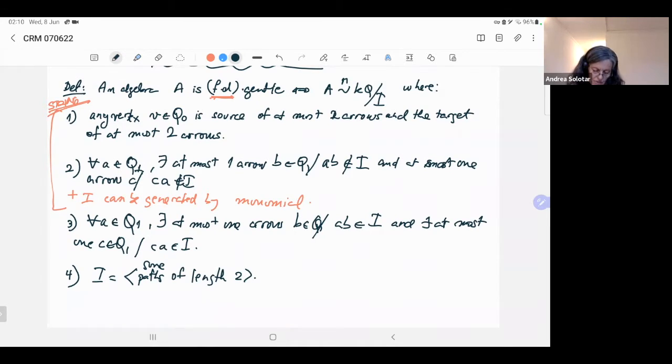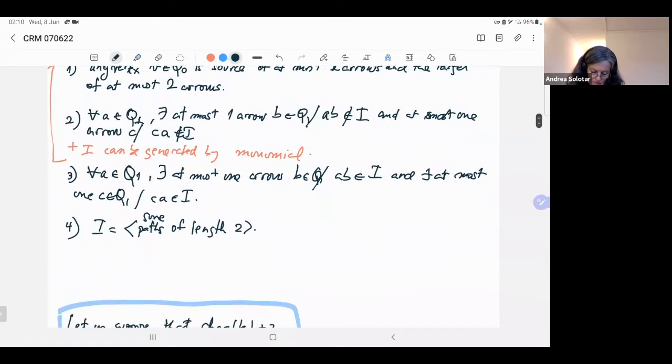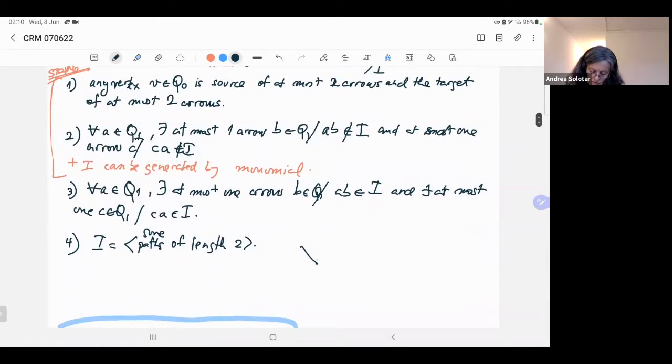But then, just to give some examples, we can have configurations like this locally. If you consider this arrow A, then you need to have one relation. You can continue in a non-zero way, just following one of the other arrows. So maybe you have a relation here, and then you have this arrow A prime, and maybe they have a relation here.